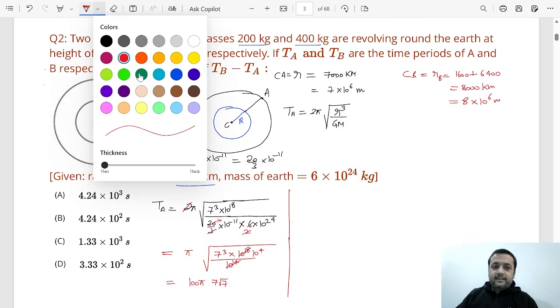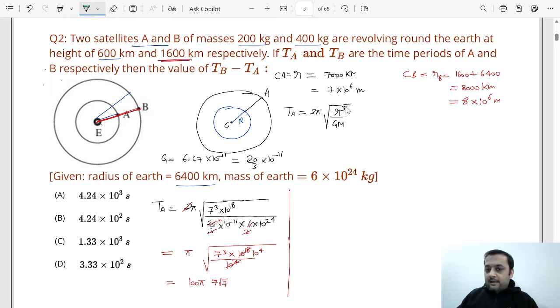Now to find the time period of B, it will be 2 pi into root of 8 cubed into 10 to the power 18 divided by GM. Now see, everything is the same.